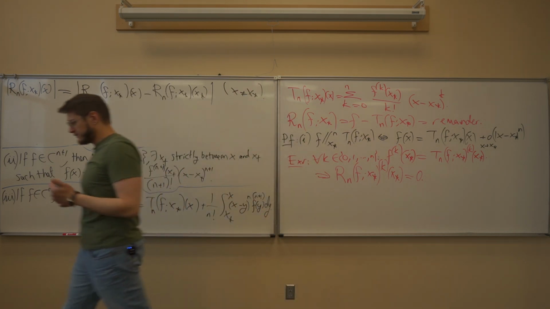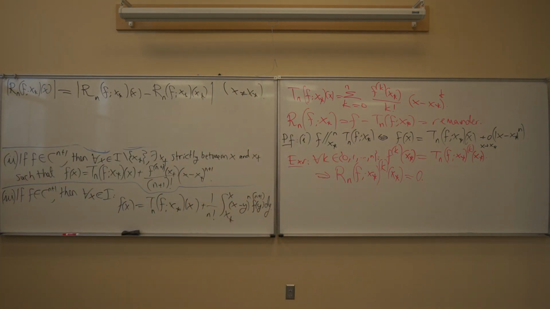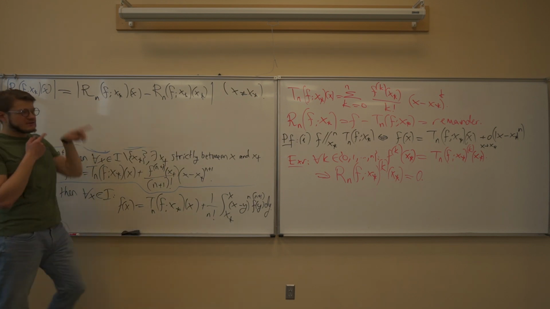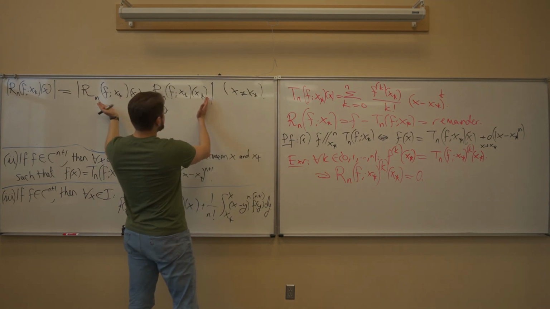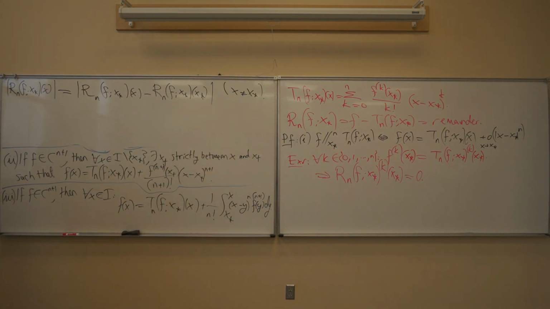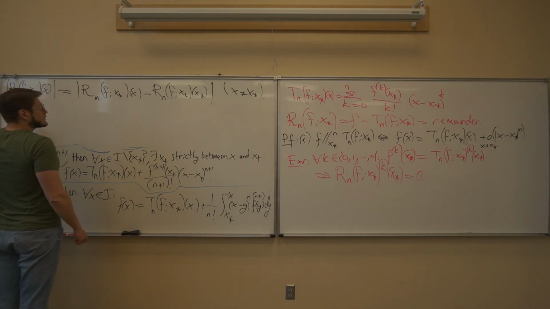Well, if that is the case, then by the mean value theorem applied to this function, I know that there is some point strictly between these two guys such that I can rewrite this in terms of its first derivatives. So, like this.